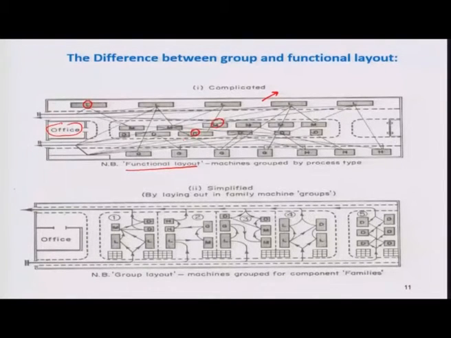Each product will enter this workshop and be processed at various machines, and the transportation of the part from one machine to another creates a zigzag path. So it is very complicated, and very difficult for a production engineer to manage the workshop.